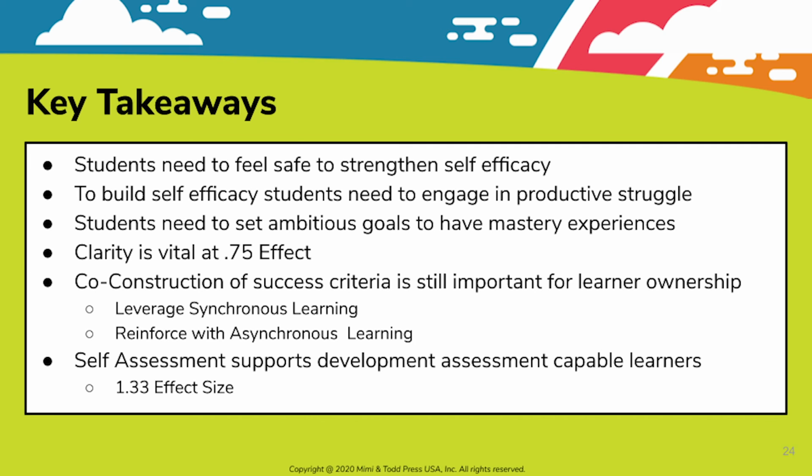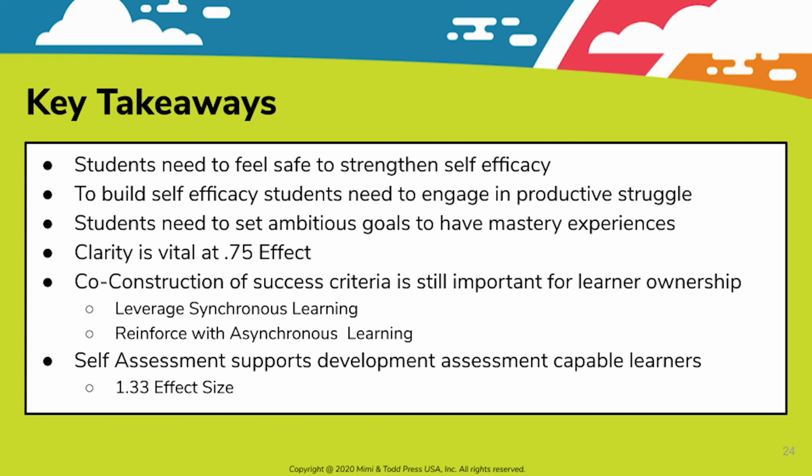To build self-efficacy, kids have to engage in some struggle and even some failure. Kids need to set ambitious goals that they might not have set, but the more ambitious goal that they set, the higher chance that we have of strengthening their efficacy if they achieve it.